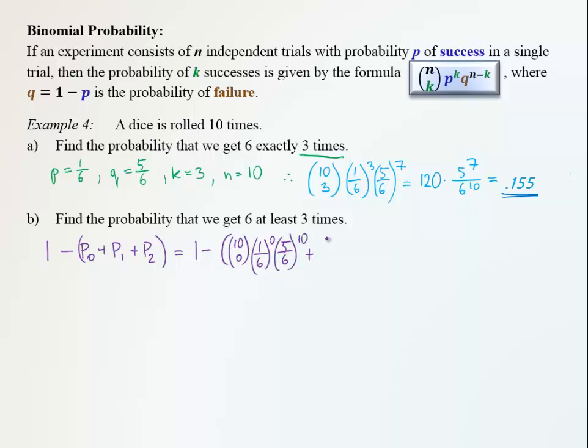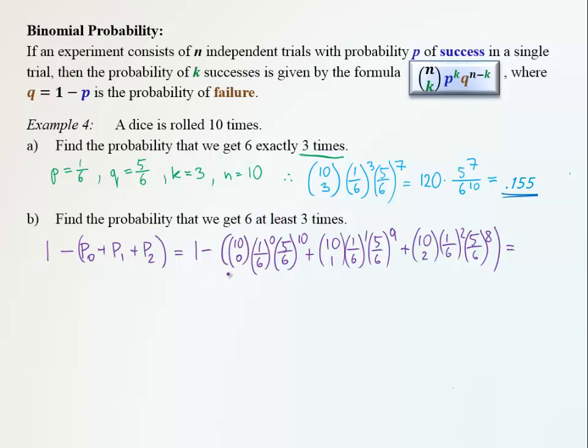And then do the same for 10 choose 1. 1/6 to the 1 and 5/6 to the 9. And finally 10 choose 2. 1/6 to the 2 and 5/6 to the 8. This is still less calculation than if we would calculate 3, 4, 5, and 6 separately.